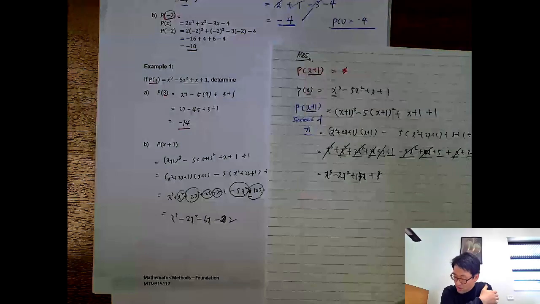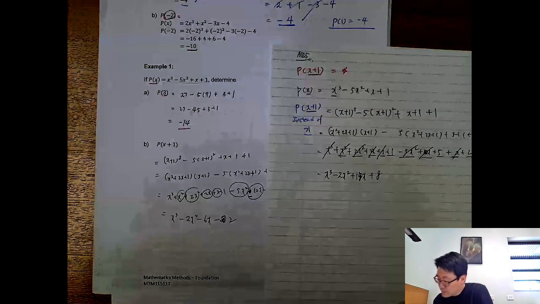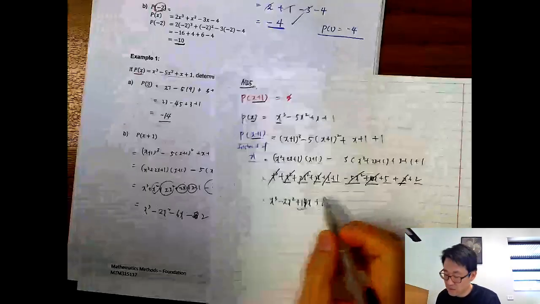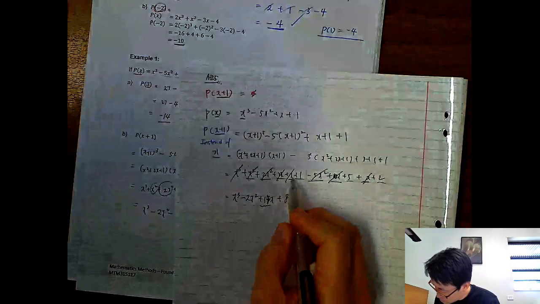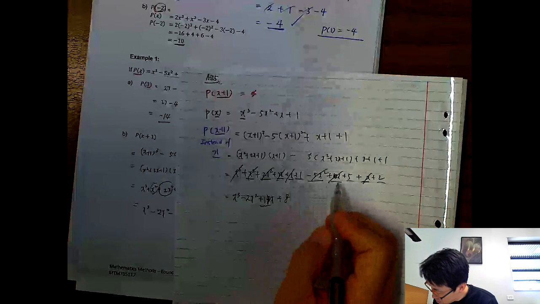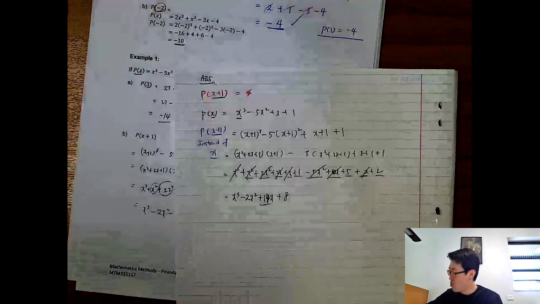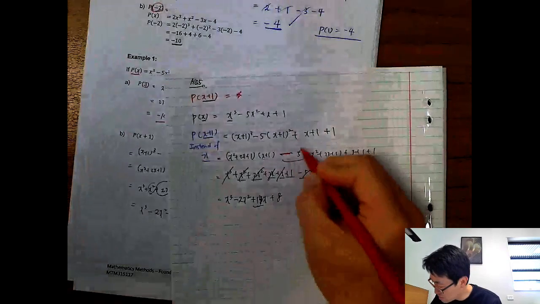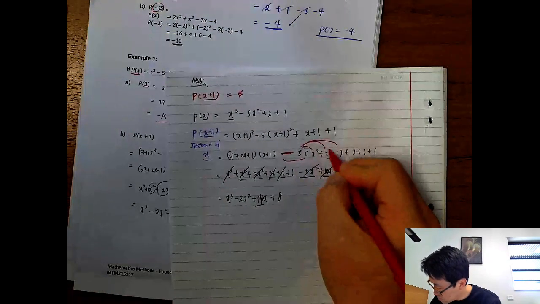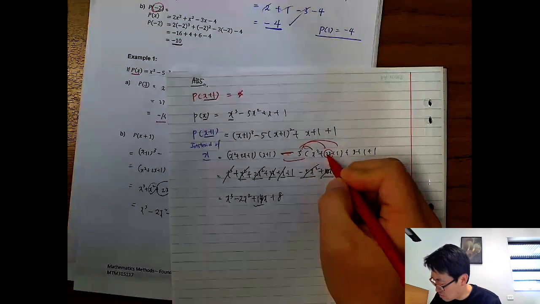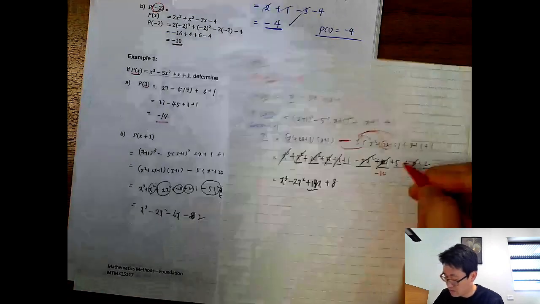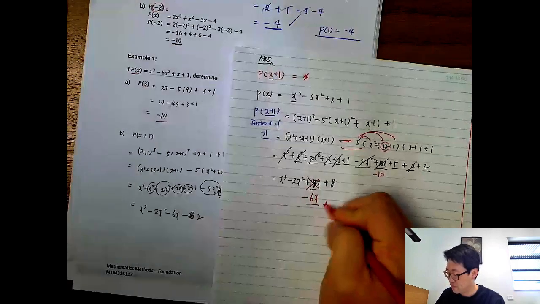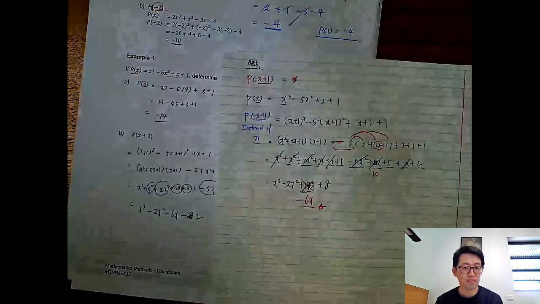Oh, wait, I made a mistake. That x is not correct. It's 2x, 3x. Oh, yes. Make sure you continue the minus. That one, minus 5 times 2x, so minus 10x. So it should be minus 6x. Don't make a mistake with that.